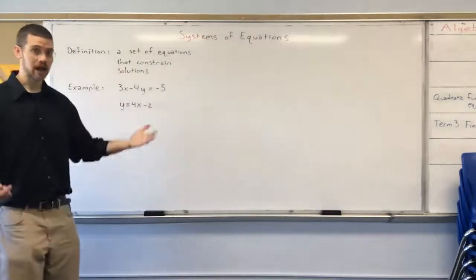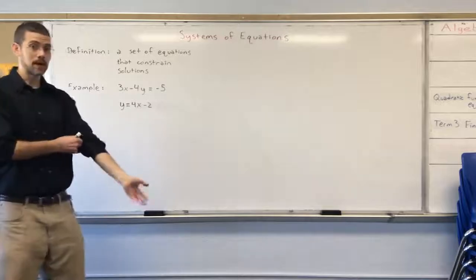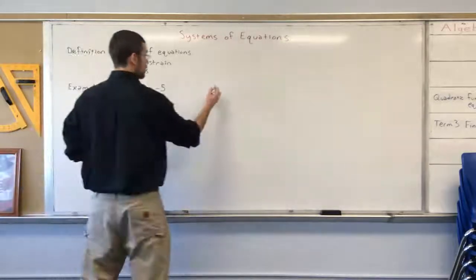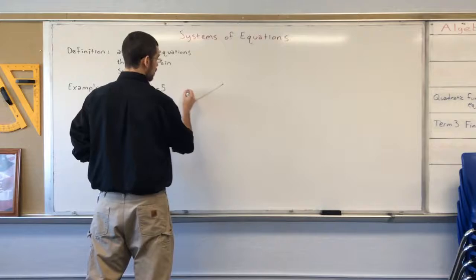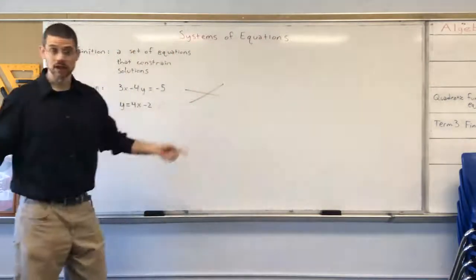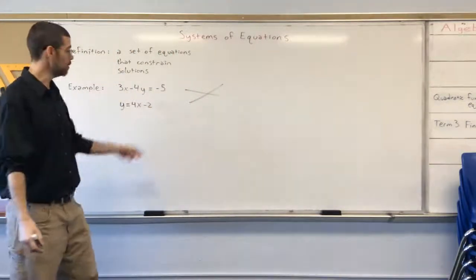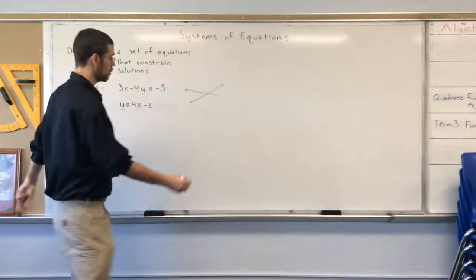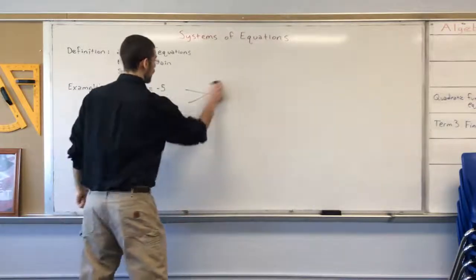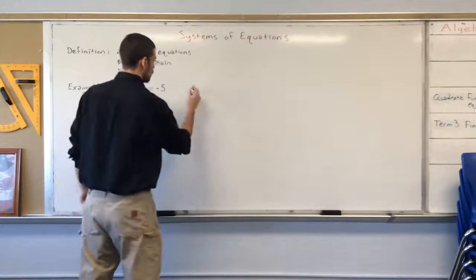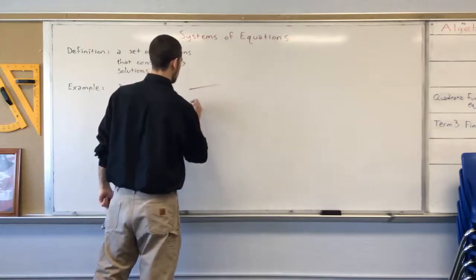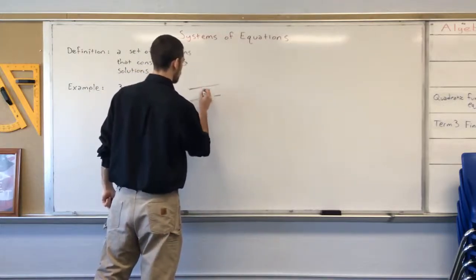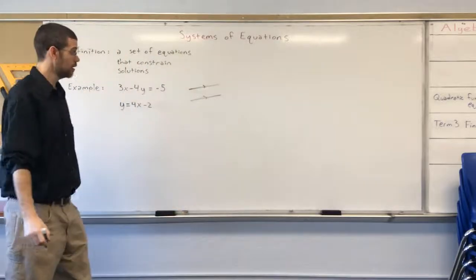Okay, so these are two lines. They may be lines that intersect each other, something like that. I don't know, I haven't graphed them yet, but maybe they intersect each other, or maybe it's two lines that are parallel and they never intersect each other, like that.